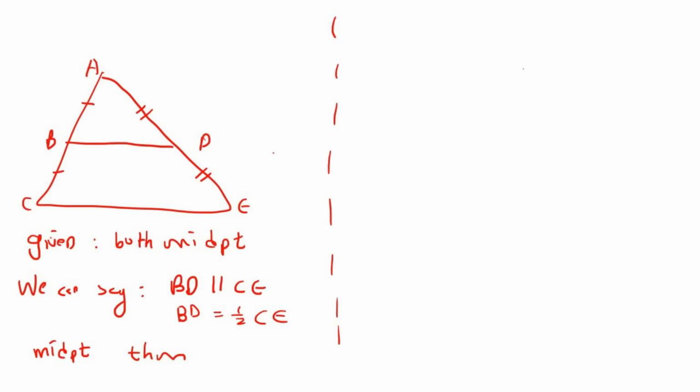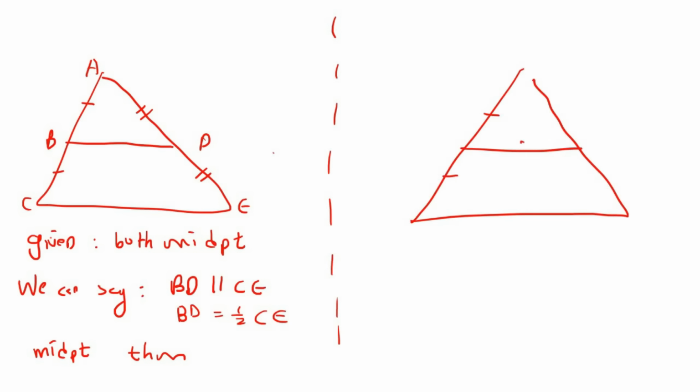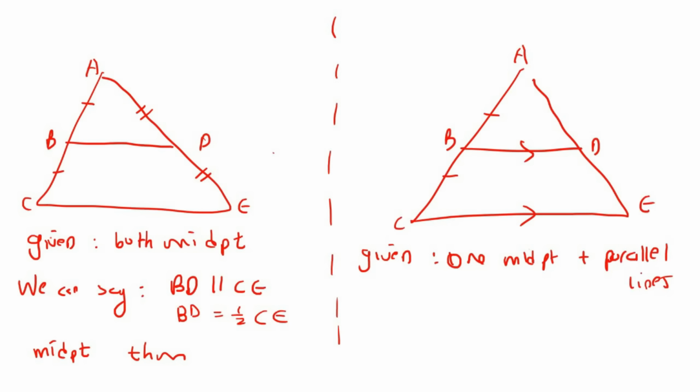But sometimes we have it the other way around. So they give us one midpoint and then they give us the parallel lines. So we are given one midpoint plus parallel lines. And then from this we can say that AD is equal to DE.